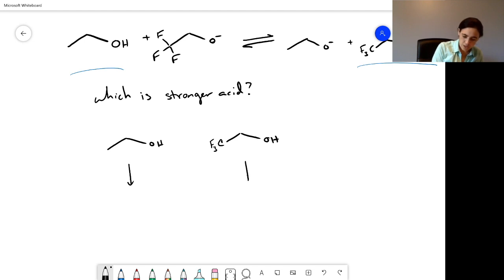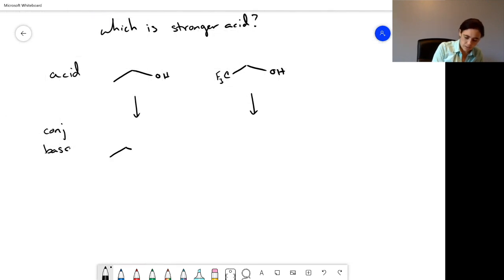Then draw our conjugate bases. All right, and then we have to ask the question, which of these is better able at stabilizing the negative charge? And I'm going to draw this out just so we can identify some of the forces at play here.